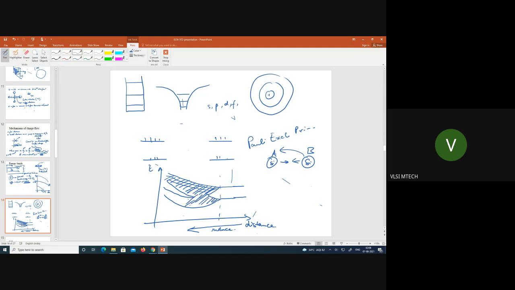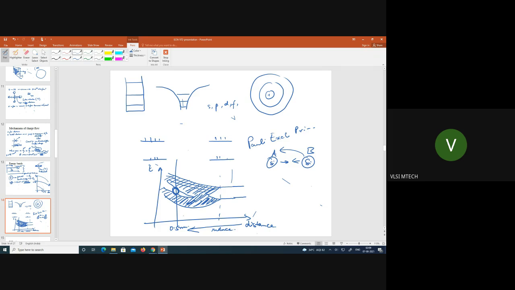So all the shaded region is where the electrons can be. Okay, so as you can see, at the 0.5 nanometer spacing for silicon atoms, silicon crystal, there is actually a region here where there is no energy state favorable for the electrons to be in. And that is the band gap we are talking about.